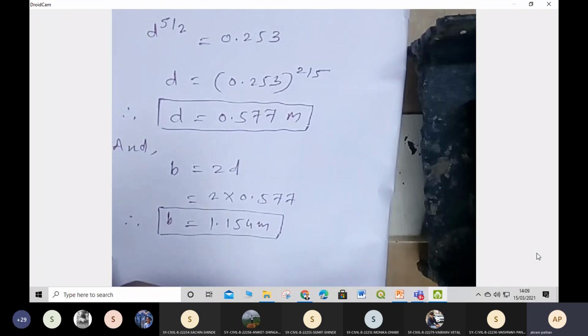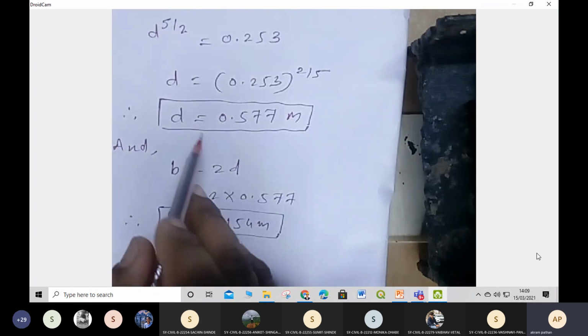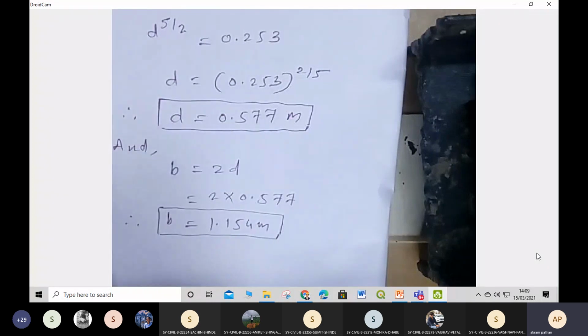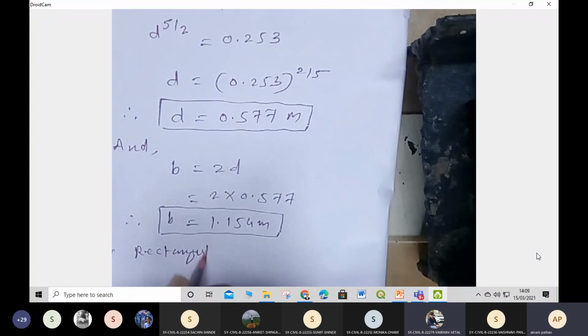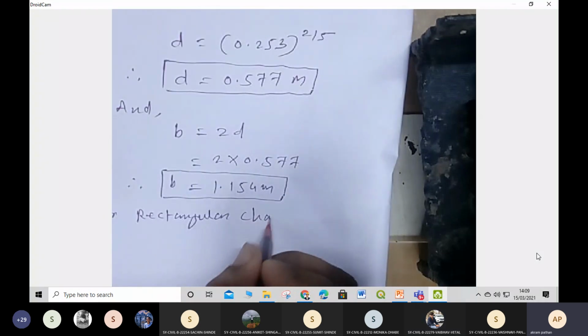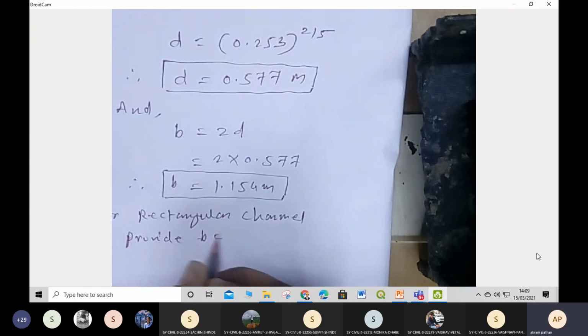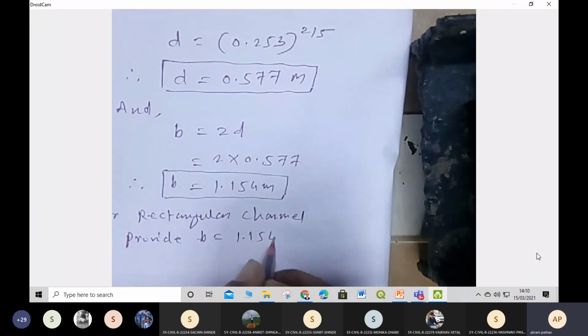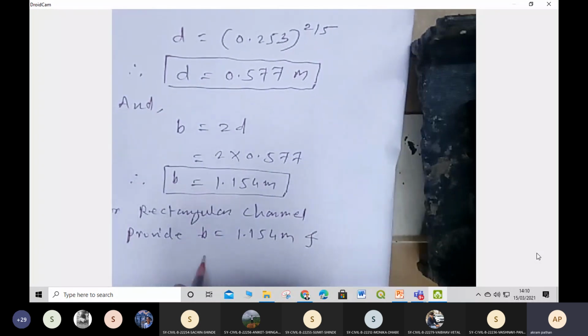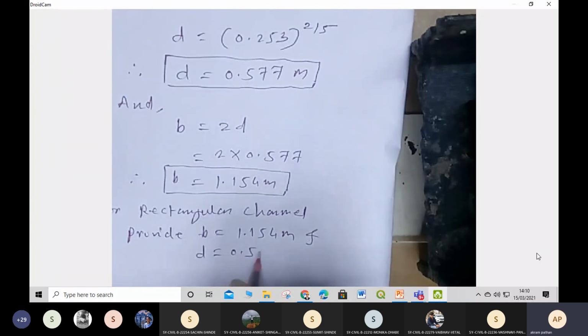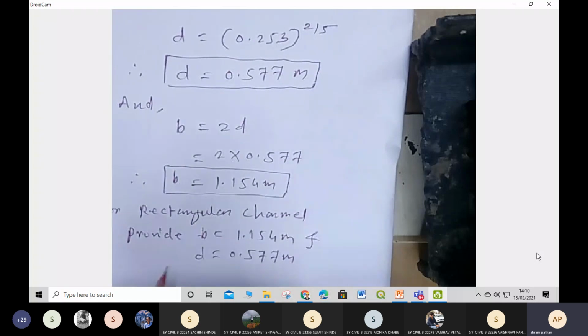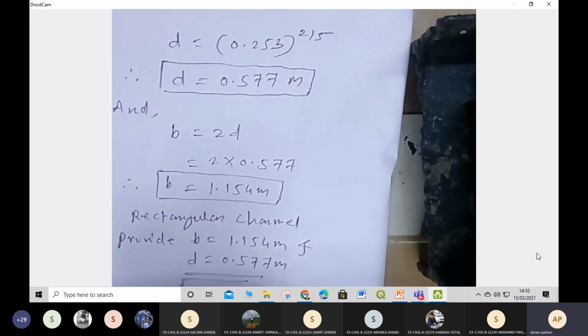So we have got the value of the bed width and the depth of flow for a rectangular channel: bed width B is equal to 1.154 meter and D is equal to 0.577 meter. This is the bed width and the depth of flow for a rectangular channel section.